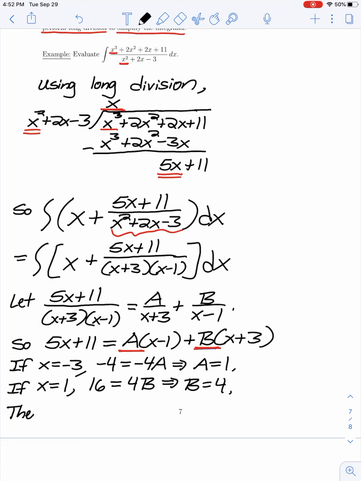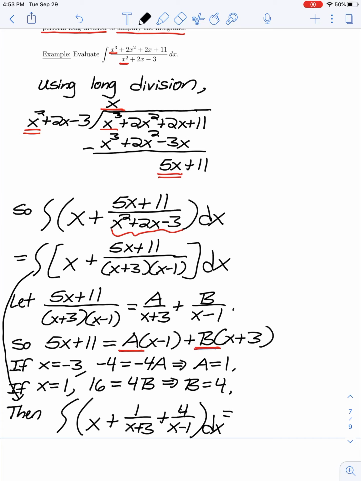So, looking at our integral in its decomposed form, we'll recall that we had initially one factor of x, and then for the second term, our decomposition has the form 1 over (x + 3) plus 4 over (x - 1).